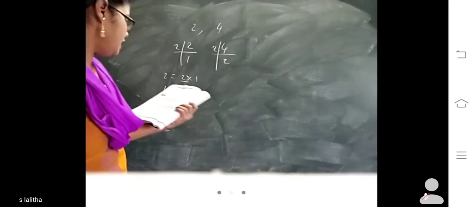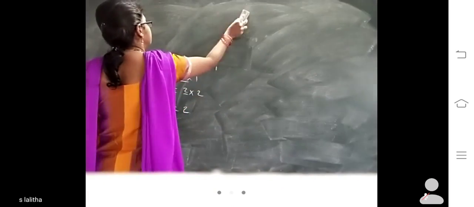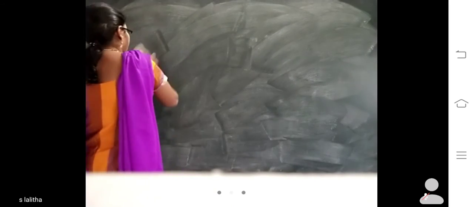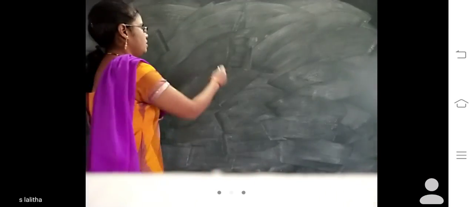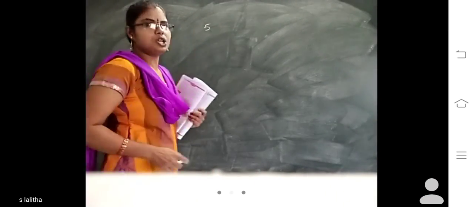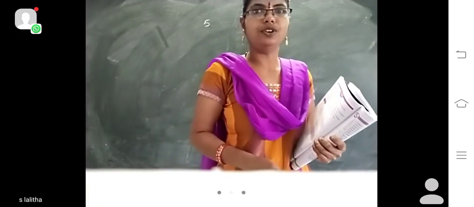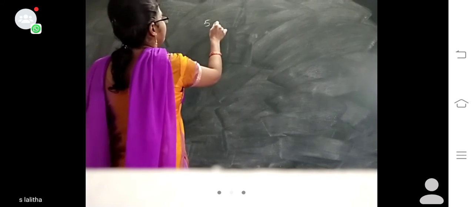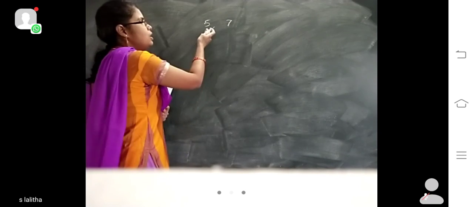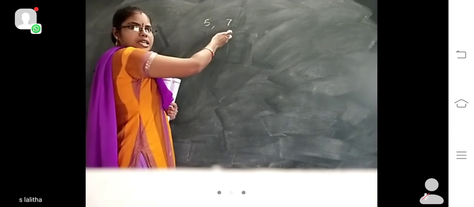And next, any two consecutive odd numbers. Take 5 and 7. 5 is an odd number. What is the next number? 7.